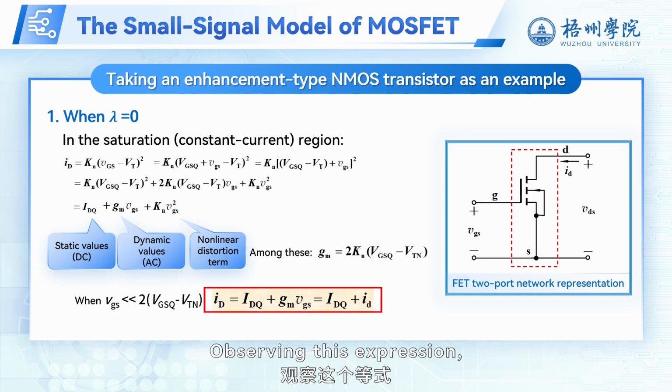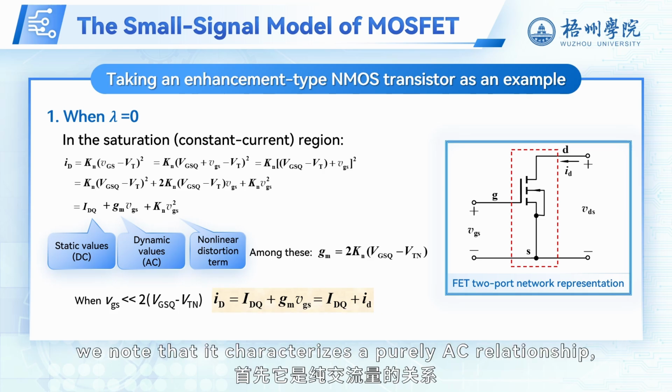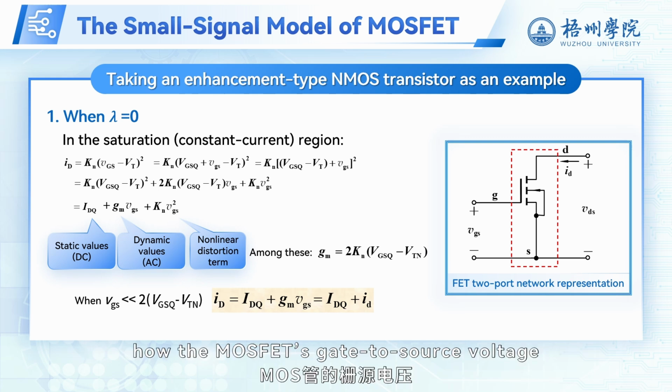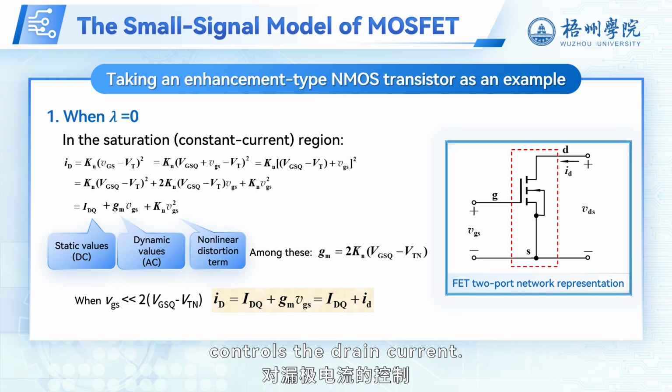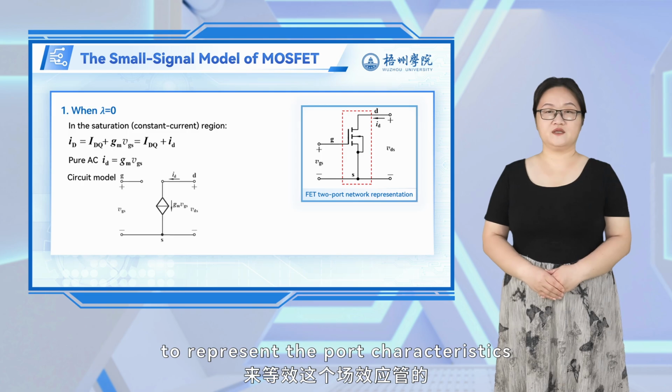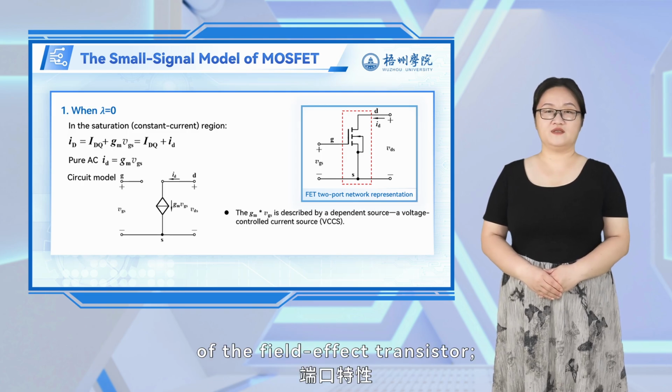Observing this expression, we note that it characterizes a purely AC relationship, describing the voltage-current behavior in the AC path, and that it captures how the MOSFET's gate-to-source voltage controls the drain current. In this way, we can use a single model to represent the port characteristics of the field effect transistor.